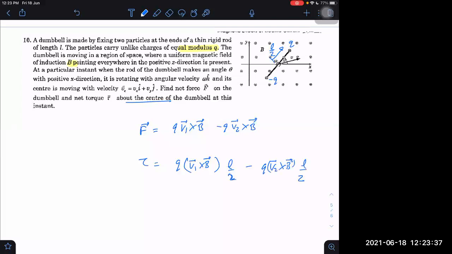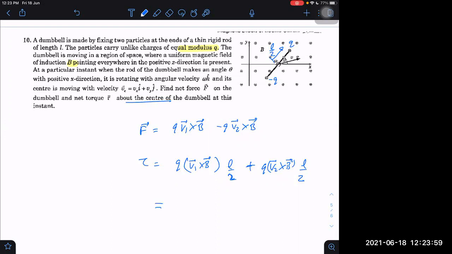Means the torque on this, if the force is acting in one direction, then the other will be acting in a different direction, but L is also reversing its direction. So both torques will be added up, not subtracted. Yes, sir.